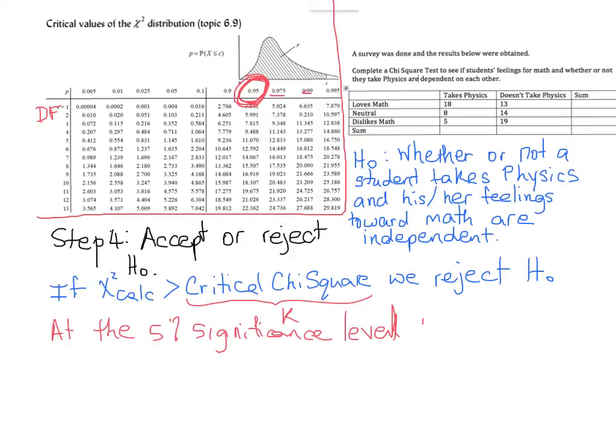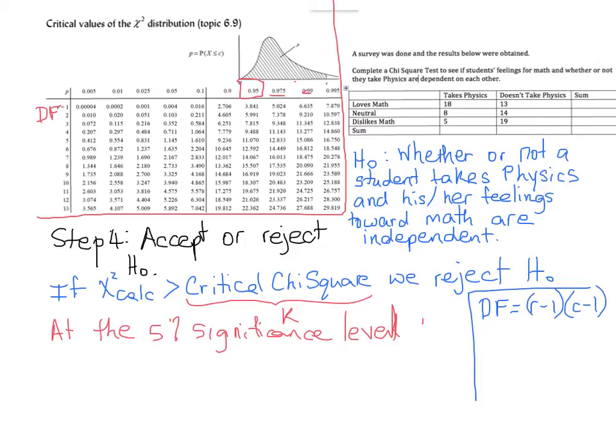And as far as the degrees of freedom, here's how that is calculated. Degrees of freedom equals the number of rows minus 1, so I'll just use R, times the number of columns minus 1.